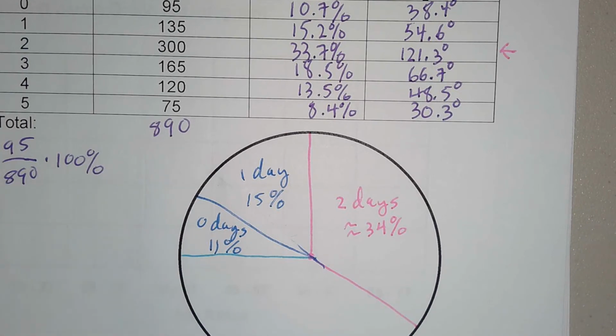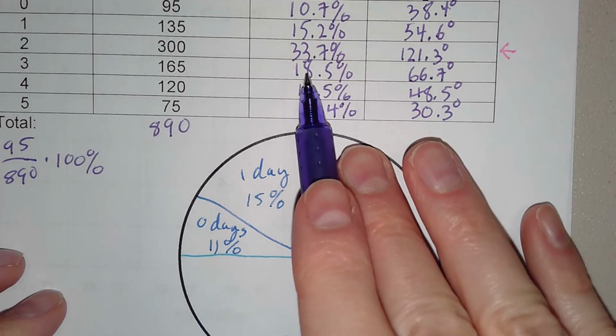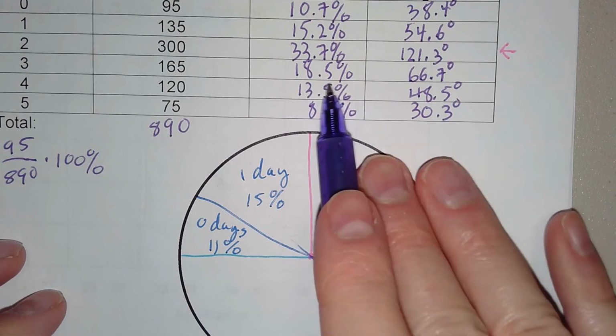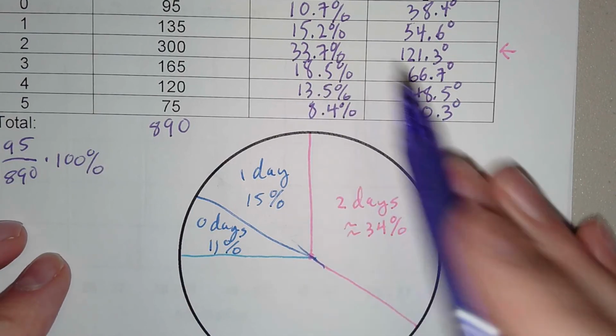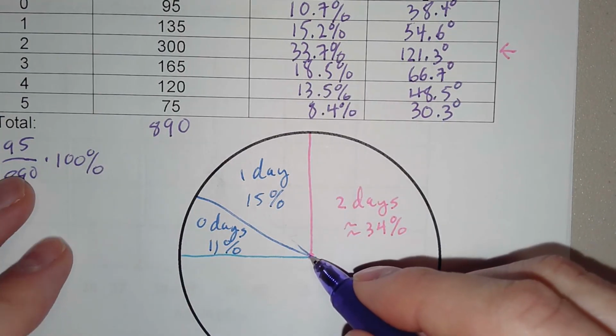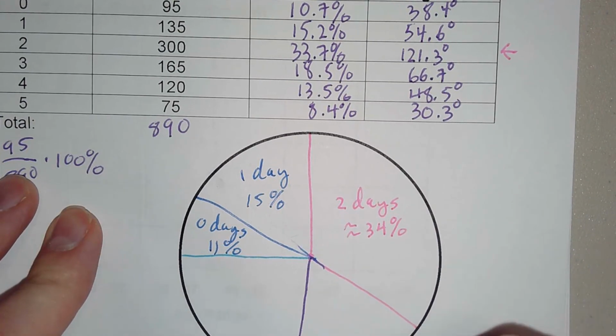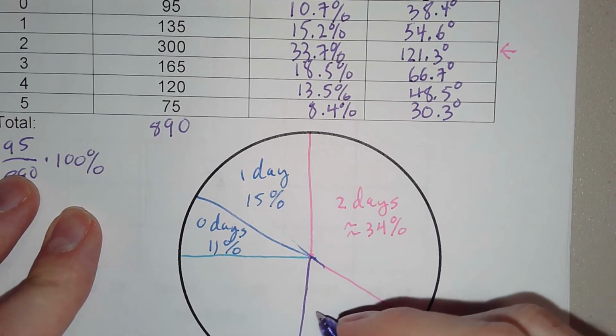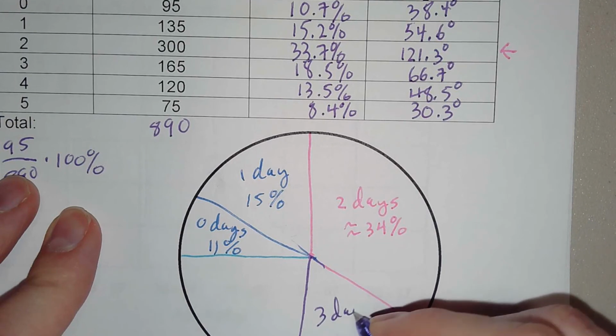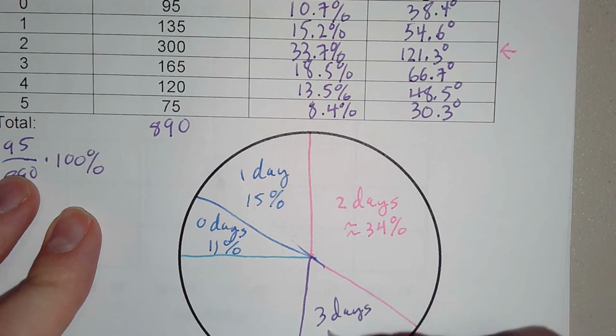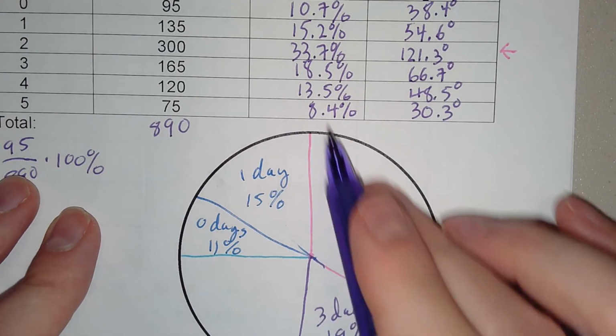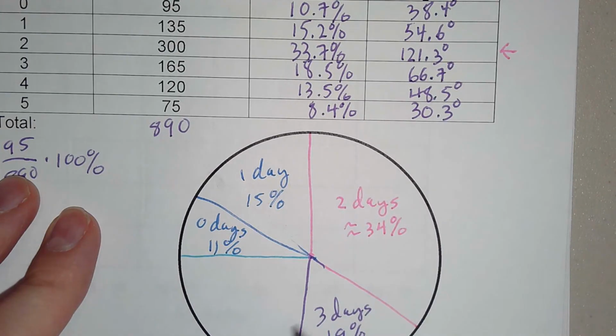Okay, so now this is about 18.5%. That's almost 20%, so it's going to come out down here. This would be 3 days. We'll call that 19% when we round it. And then we have this 13 and 8.